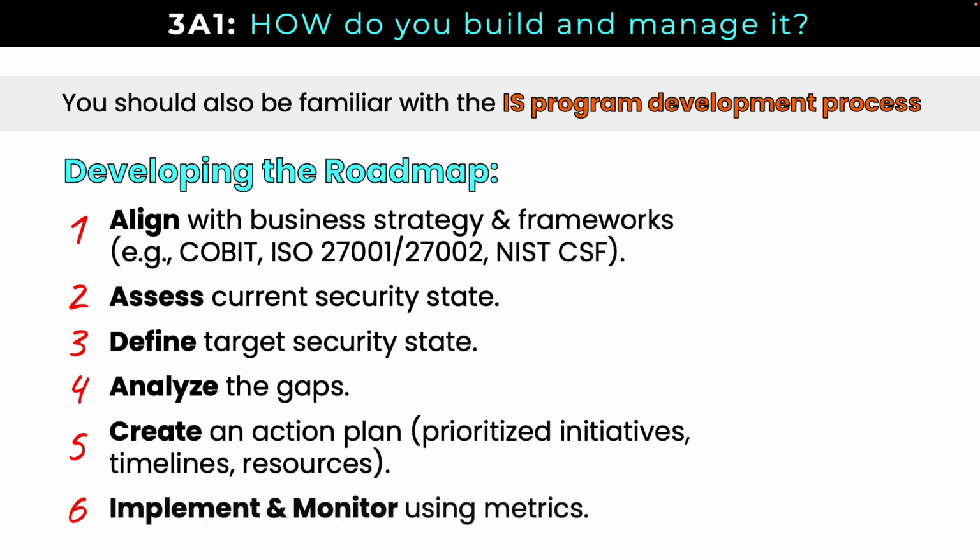And then we implement and monitor using metrics that are relevant, measurable, and actionable. Because the fact of the matter is, conditions may change along the way in the course of our roadmap, so we might need to course correct along the way.